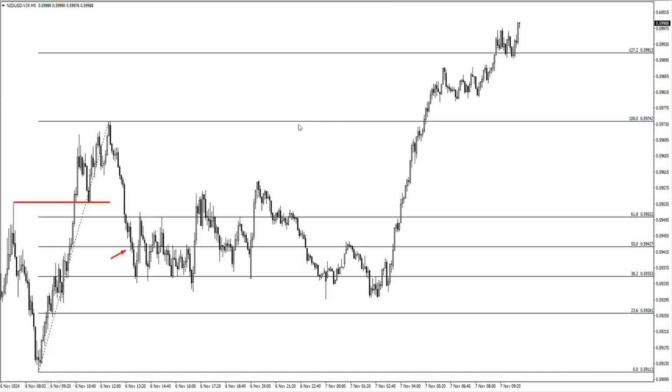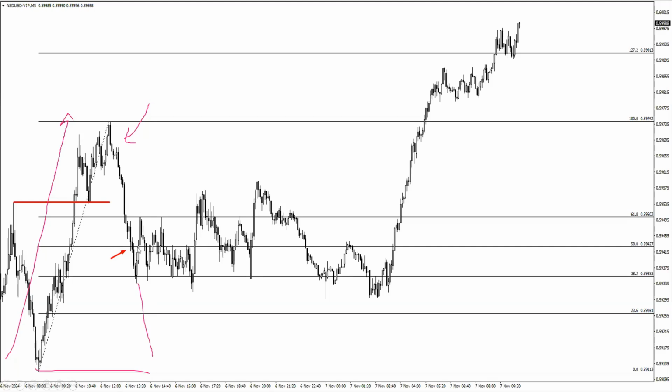Then we have the New Zealand dollar trade right there. And you can see this is a clearly very impulsive move from this downside. And then there was an equally impulsive move to the downside right over here that could give you some jitters, thinking, wow, is this thing going to come and take out the stop loss?